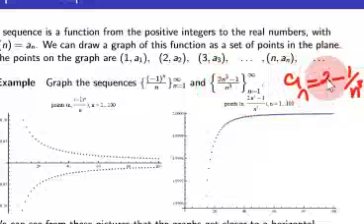Here 2 is a constant, so it doesn't change. But look at the term 1 over n cubed. As n tends to infinity, the denominator gets larger and larger, so this number becomes very small. This number is negligible as n tends to infinity.